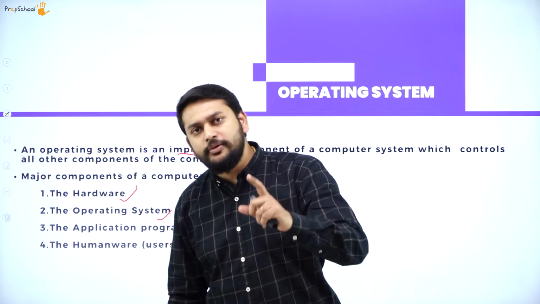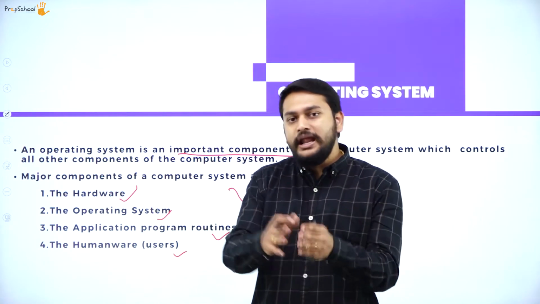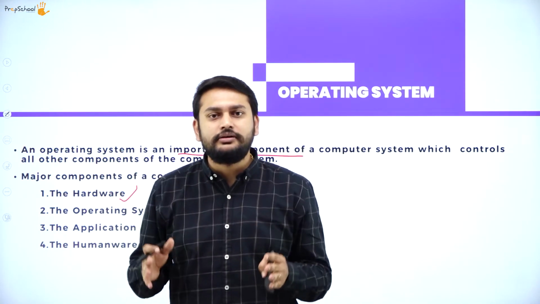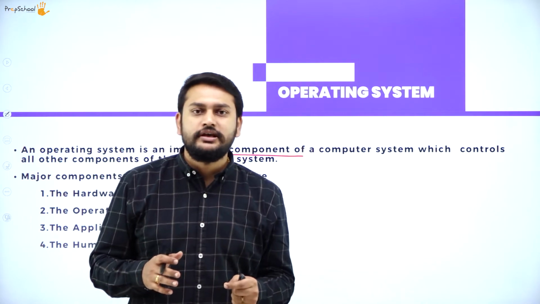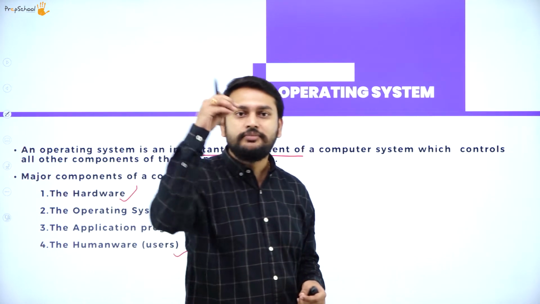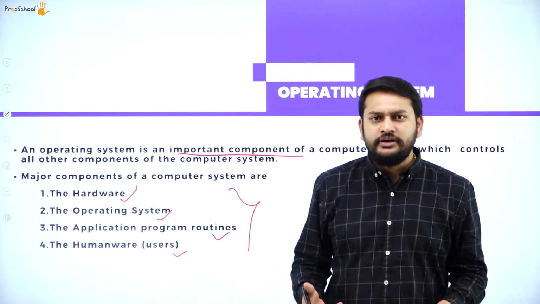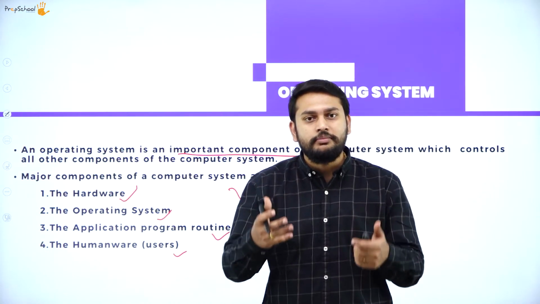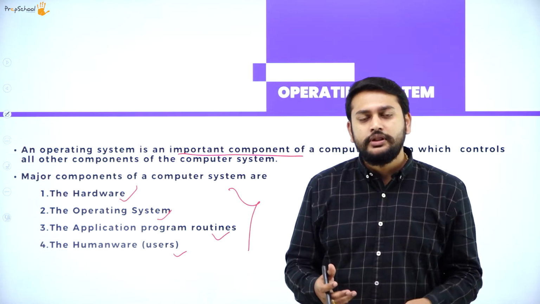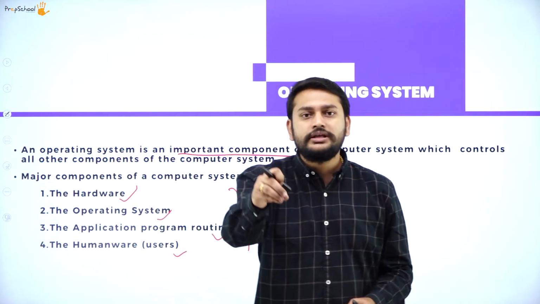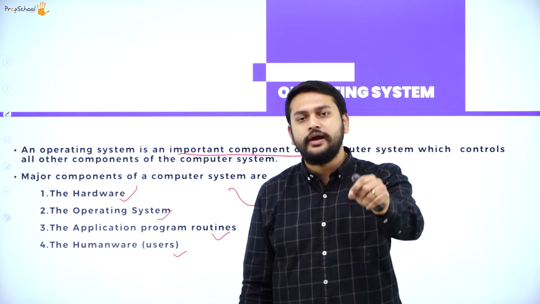Fine, I have allocated the memory. To complete the execution of that task, I need to allocate some resource. It can be a printer, a monitor, or any other resource. Then who will allocate that? Again, the operating system is responsible for allocating the resource.